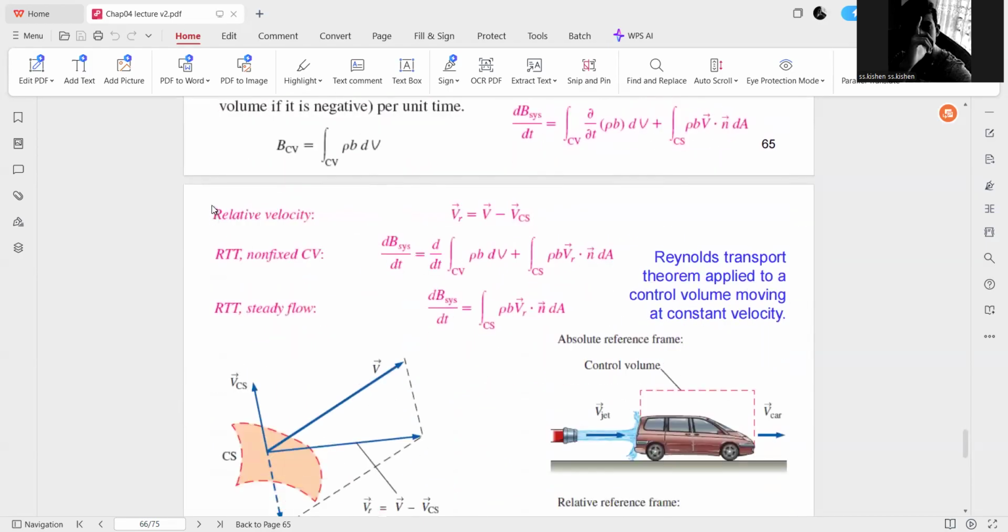Next, we look at the relative velocity, which equals the absolute velocity minus the velocity of the control surface.